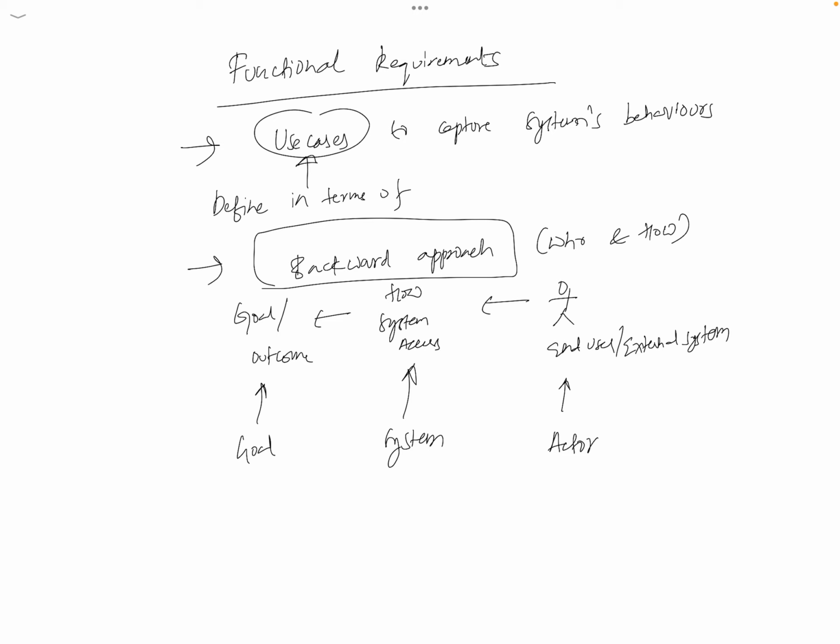And we need to define the use cases to capture the system's behavior, so that when an end user performs some action, we know how the system is going to behave. That is what we would be capturing as part of the use case. And a use case is nothing but a scenario which describes the system's behavior and how the user is going to interact with the system to accomplish a particular goal.